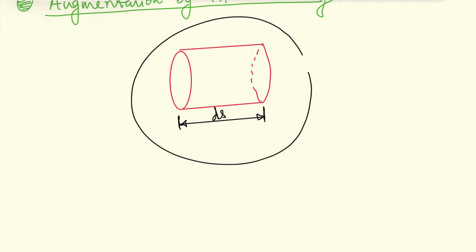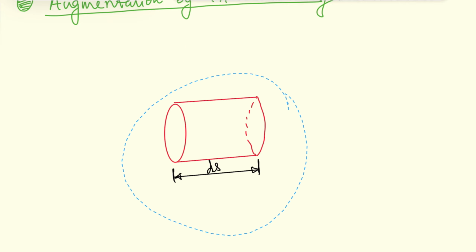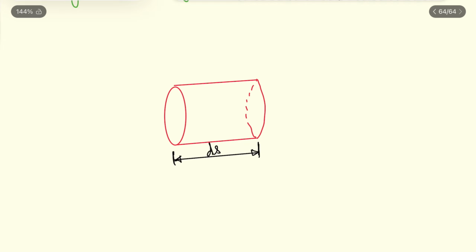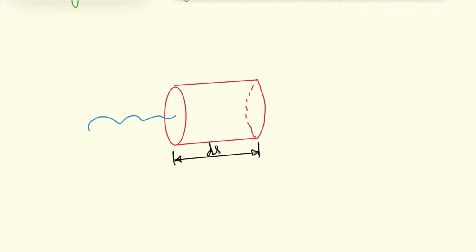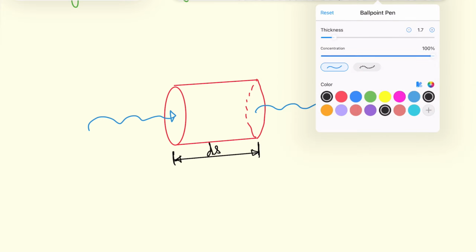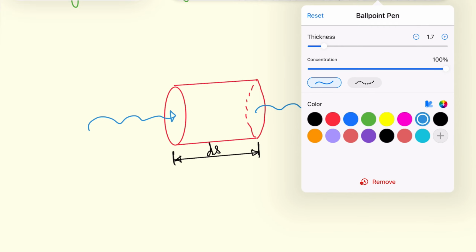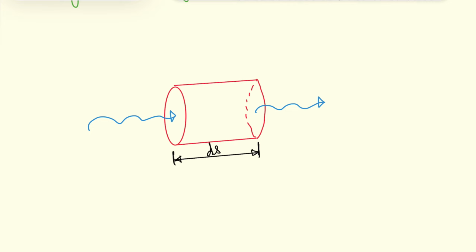What is happening is that my radiation ray is moving like this, and what I mean is that my normal here is S cap.